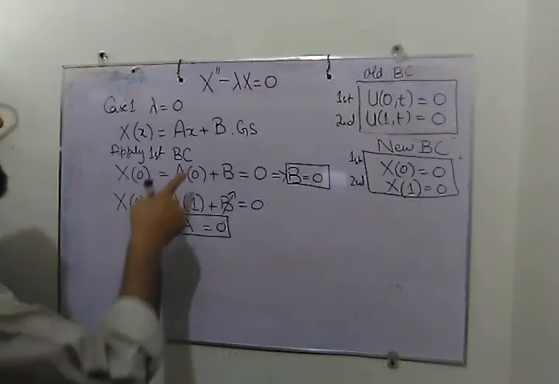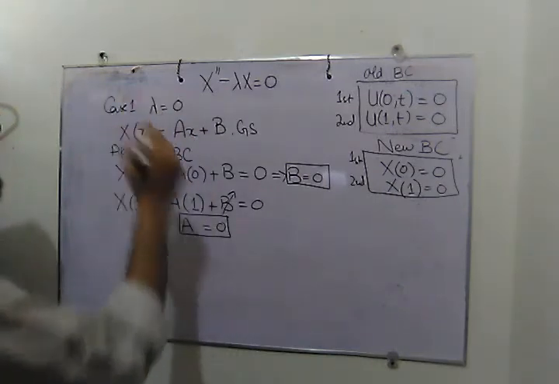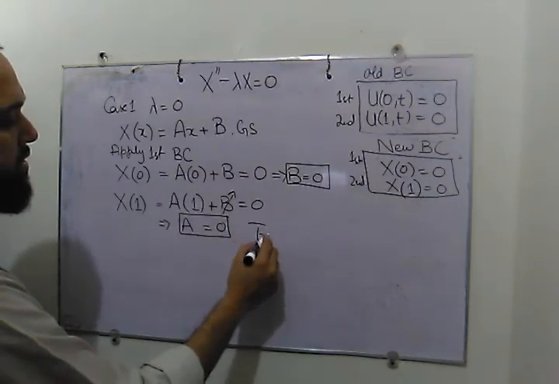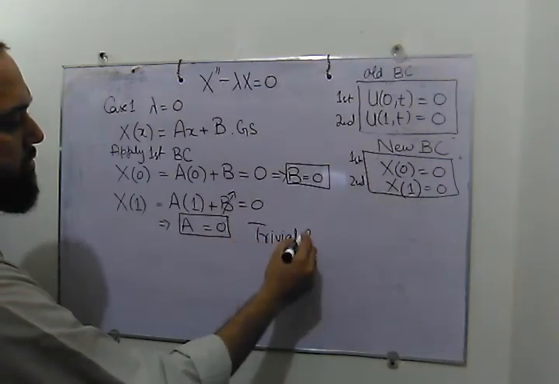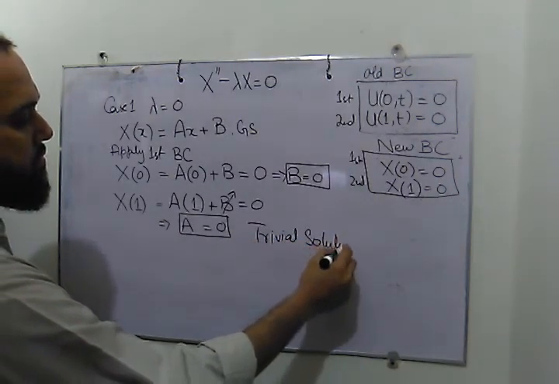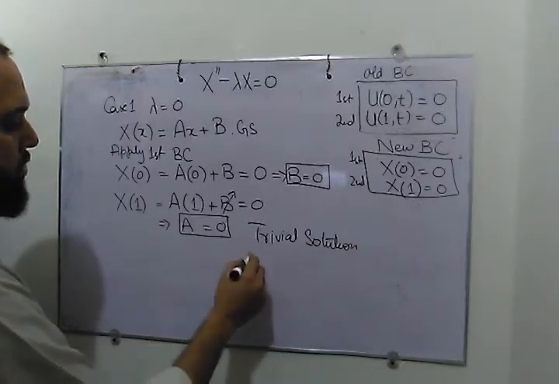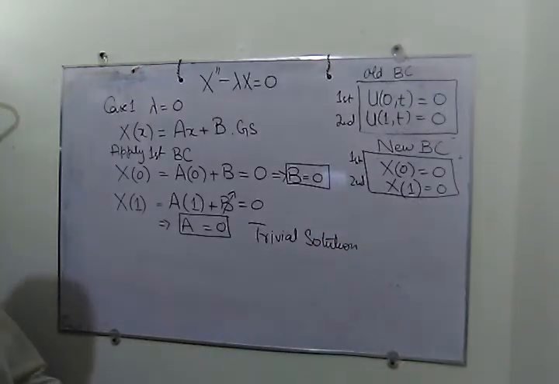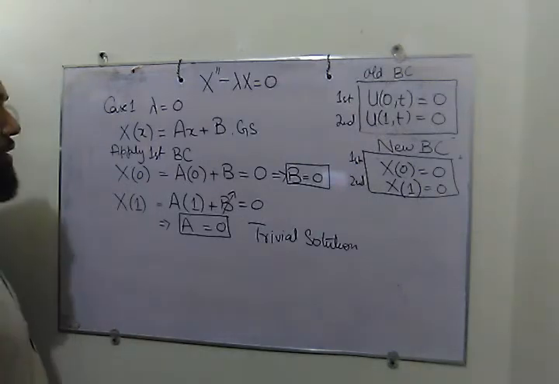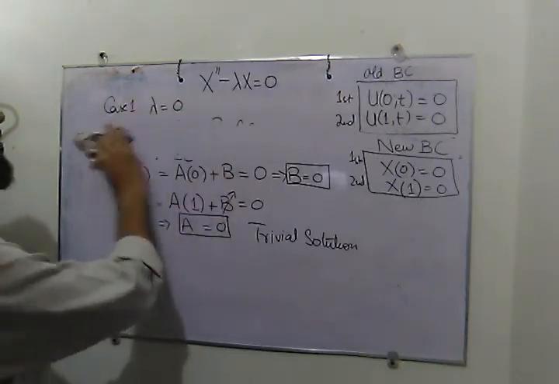So the solution we get when lambda is equal to 0 will give us the trivial solution, or useless solution. We can call it a useless solution, we cannot use it. Then we check case 2 when lambda is greater than 0.